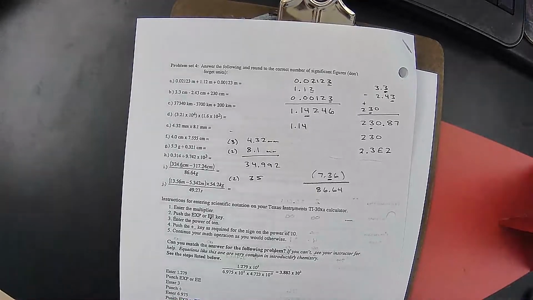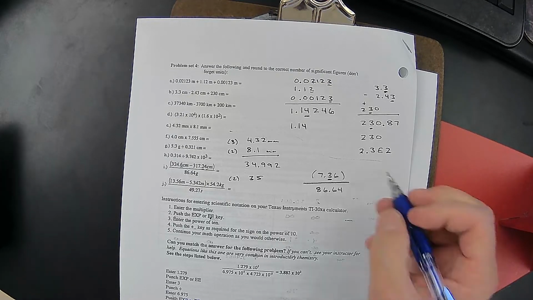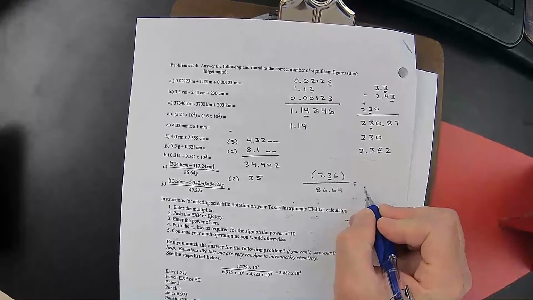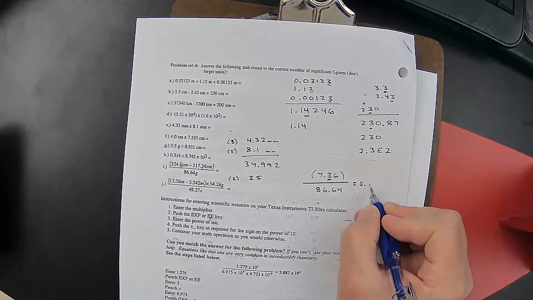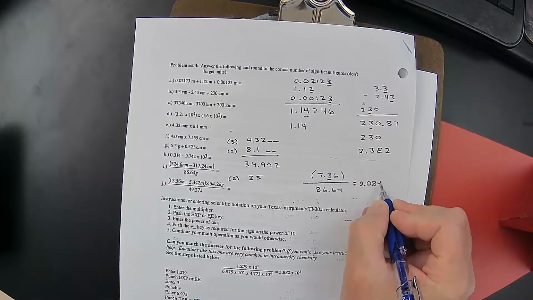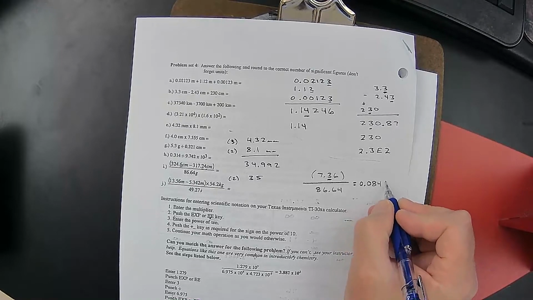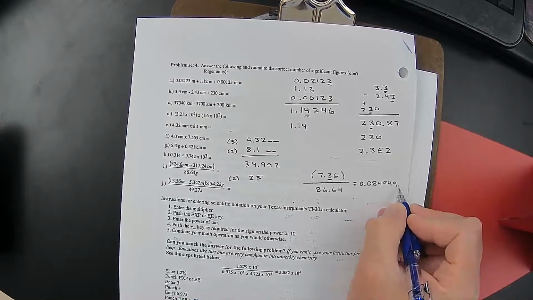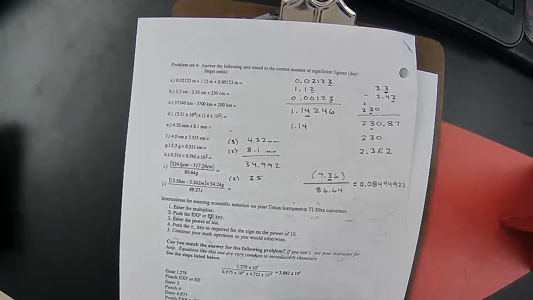So now on my calculator, I'm taking 7.36, I'm dividing by 86.64, and I get the value of 0.084949 and then 22.